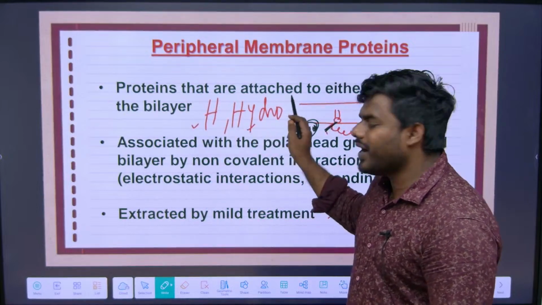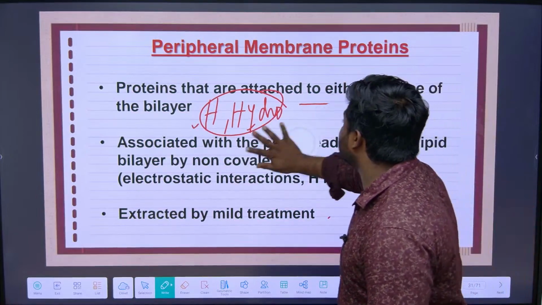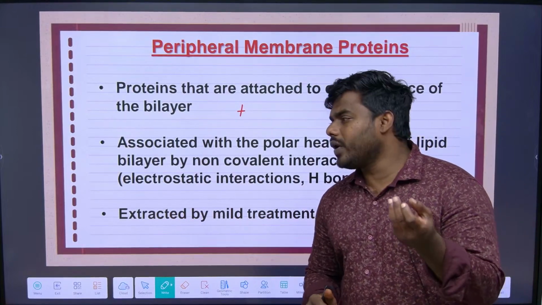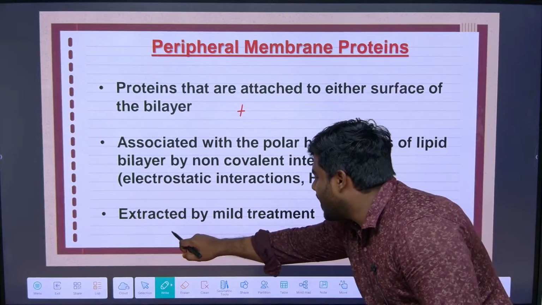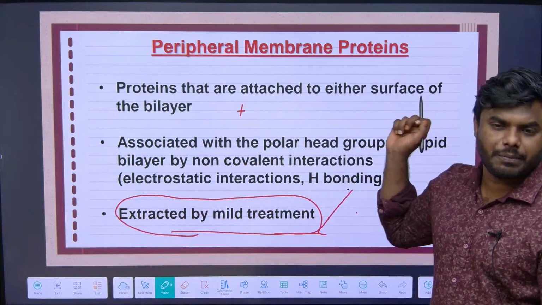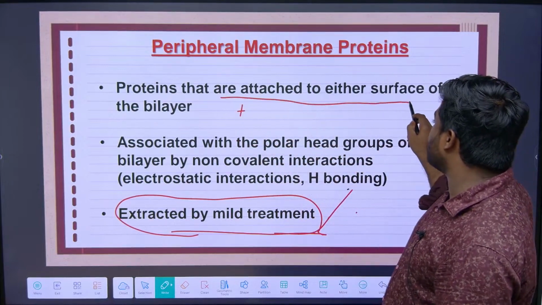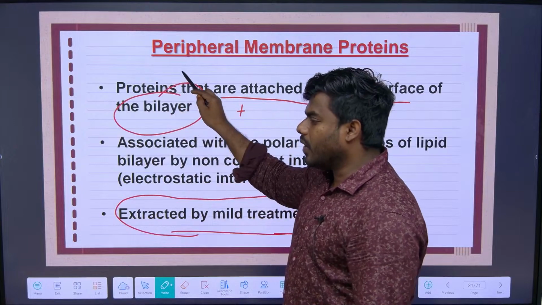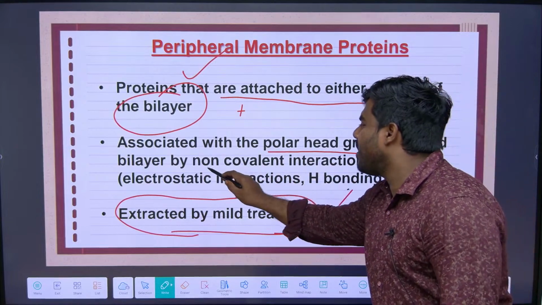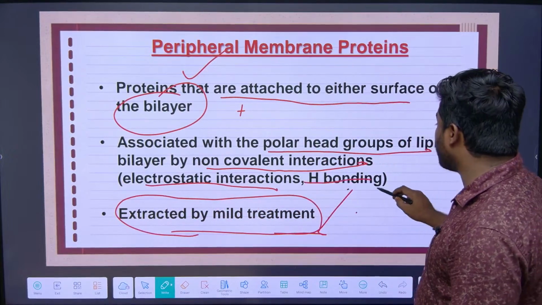These are very easy to break. Hence, in order to separate the peripheral protein, we need not use any strong acids or strong detergents. Even by using a mild treatment, mild acids, we can easily separate them. There is no need to get confused. So proteins that are attached to either surface of the bilayer we call peripheral proteins. They are associated with the polar head group of the lipid via non-covalent interactions, such as electrostatic interactions and hydrogen bonding.